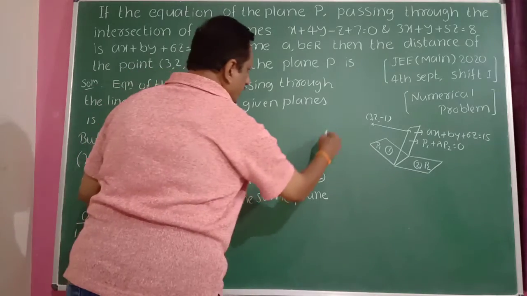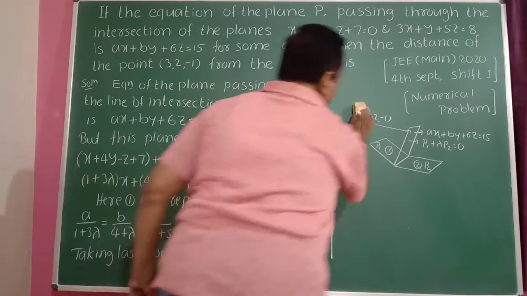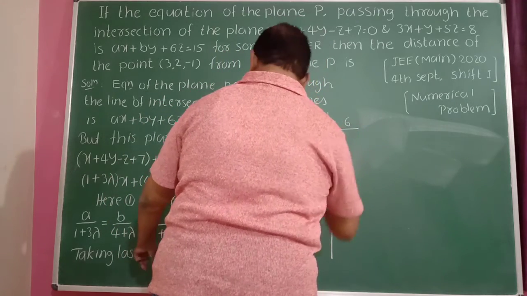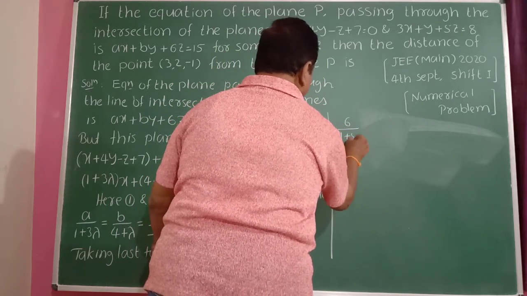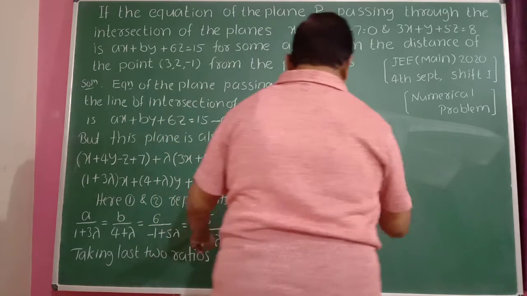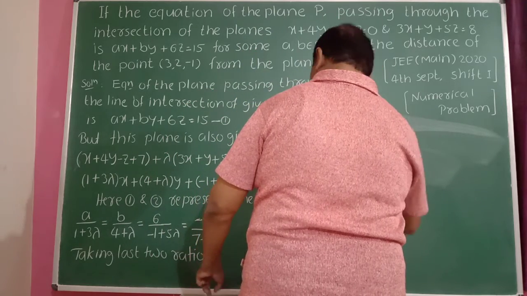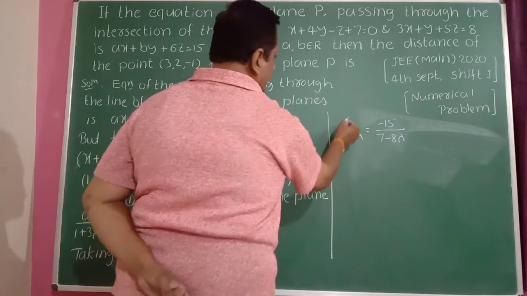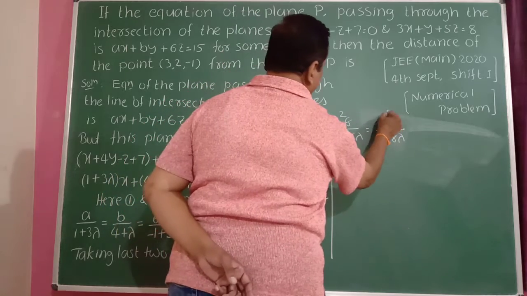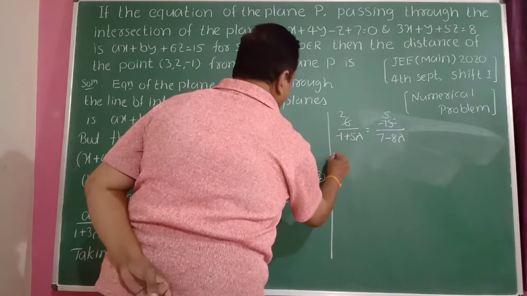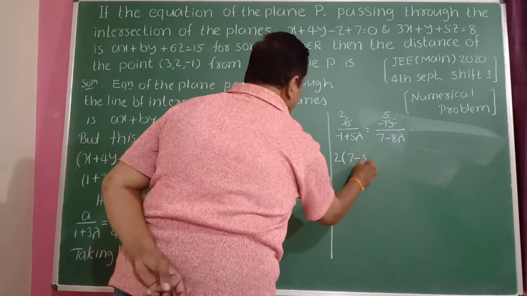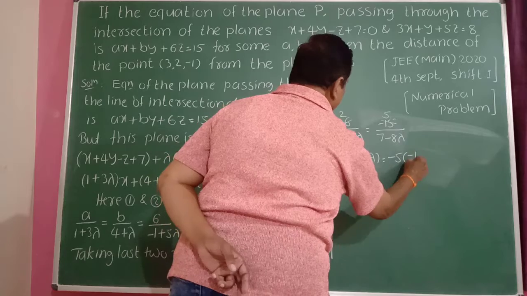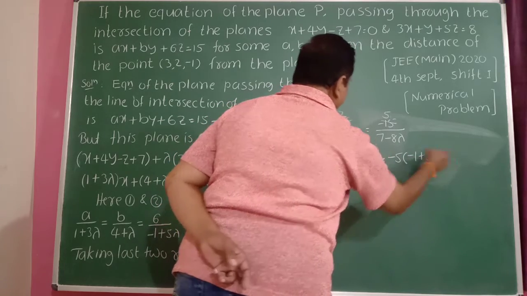So 6 divided by minus 1 plus 5 lambda is equal to minus 15 divided by 7 minus 8 lambda. You can cancel, 3 twos or 3 fives cancel. Take this one this side: 2 into bracket 7 minus 8 lambda, then minus 5 into bracket minus 1 plus 5 lambda.